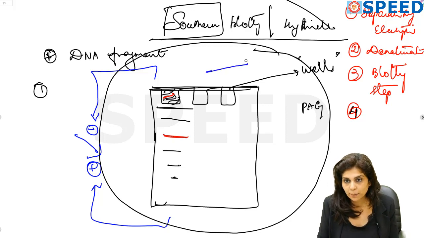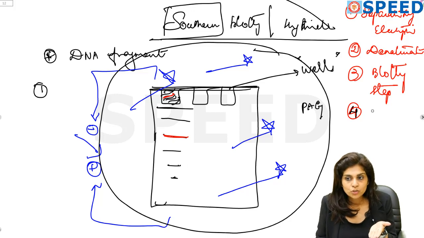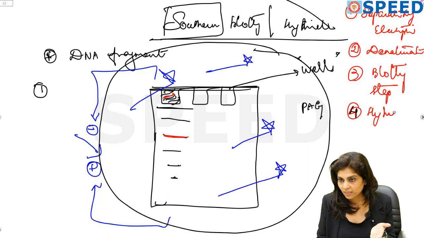Let me show the radio-labeled probe in blue color. And these radio-labeled probes will try to find complementary sequences on all these fragments. Once they find complementary sequences, they hybridize. So the fourth step is called the hybridization step. Why do you call it a hybridization step?